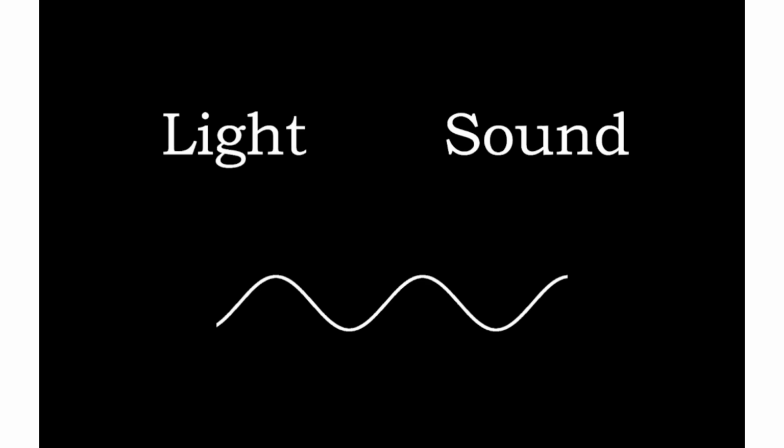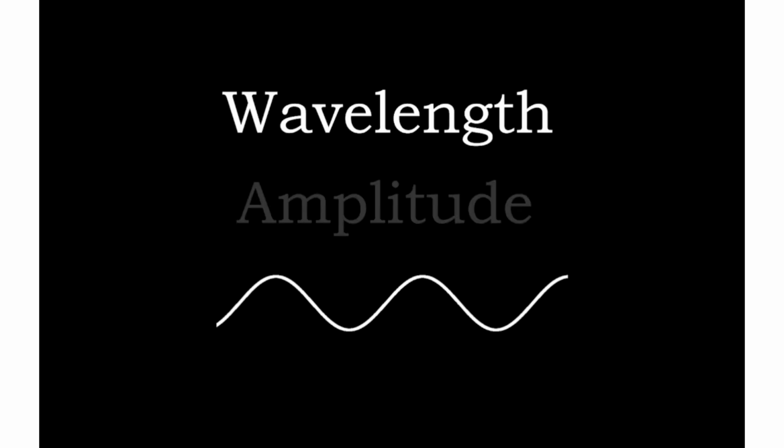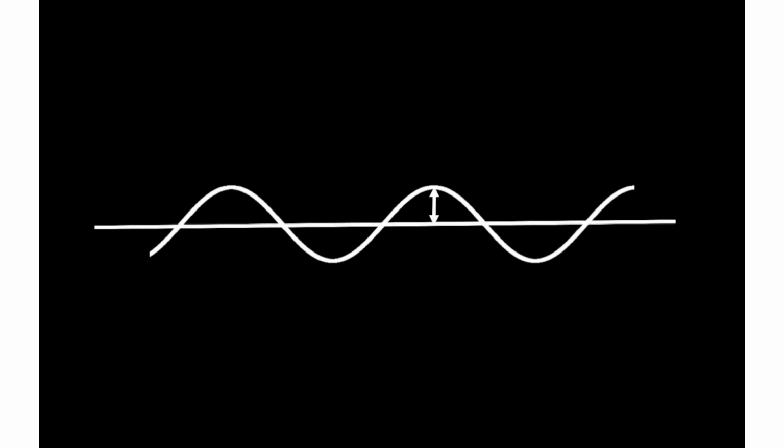For starters, we must establish why a periodic function like the sine function is optimal for modeling waveforms and things like sound, light, etc. A periodic function like sine has two properties that are quite useful for modeling these things: amplitude and wavelength. Amplitude is the height of a wave from the x-axis, one of the two main properties used with waves.